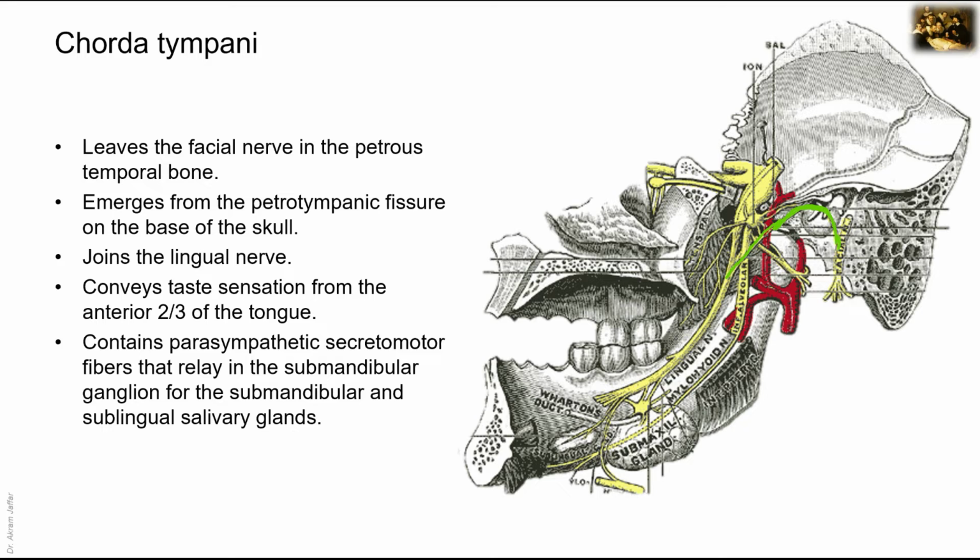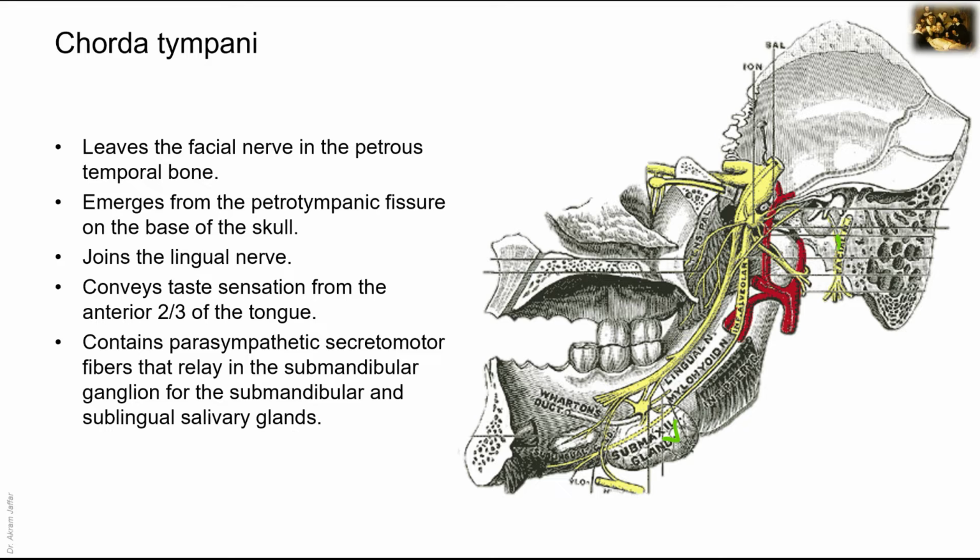This chorda tympani, in fact, carries two types of fibers. It conveys taste sensation from the anterior two-thirds of the tongue, and it contains parasympathetic secretomotor fibers that later on relay in the submandibular ganglion, and the postganglionic fibers are distributed to the submandibular and the sublingual salivary glands. So all in all, the lingual nerve contains multiple types of fibers.